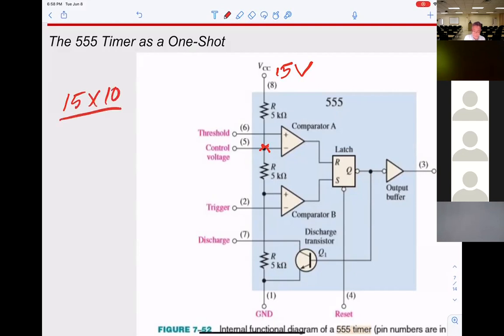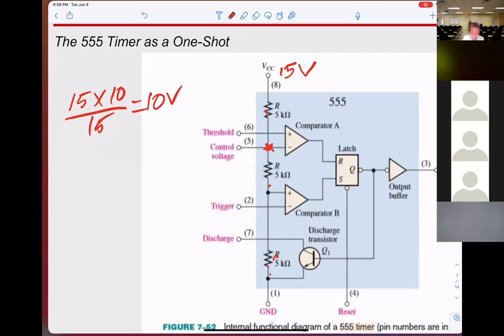Divide by 50... 5, 5, 5. Voltage divider. You see that? 1 R to 3 R to the ground. So if you want the voltage in here, you take 15 times 5 plus 5, which means 10. Divide by the total, 5, 5, 5, which means 50.